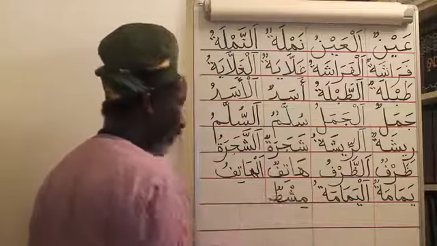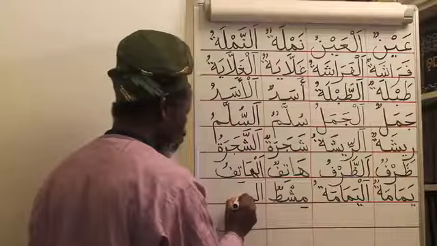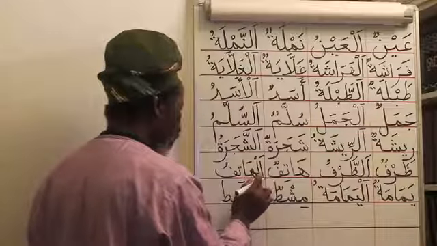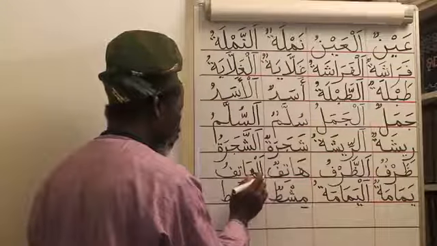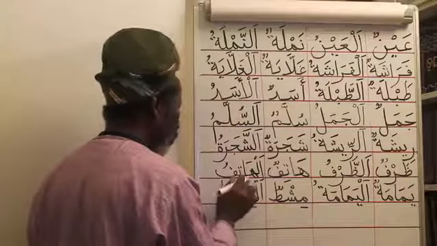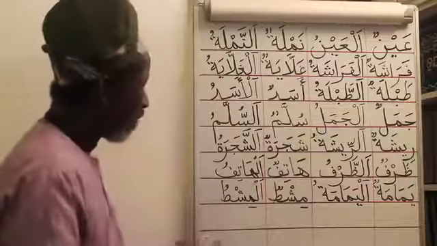Mim is a moon letter. Al-Mishtu. Let's put the kasra of the ta a little bit above. Al-Mishtu.